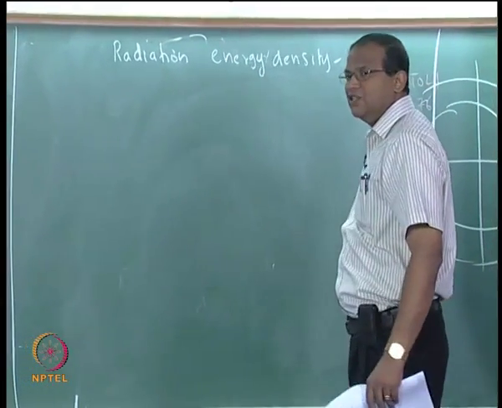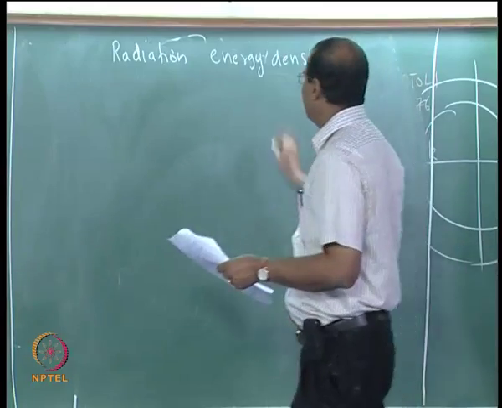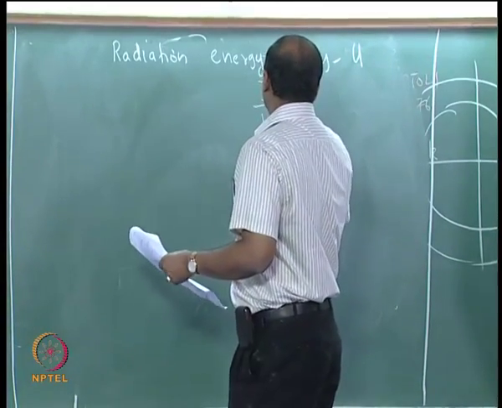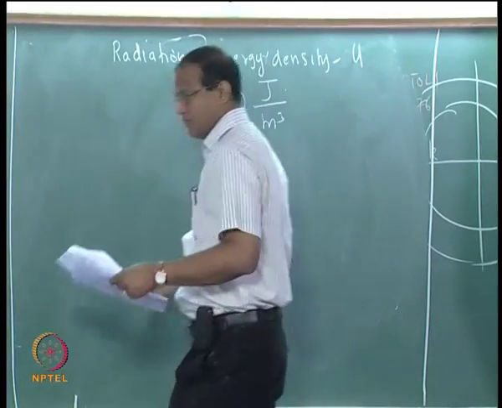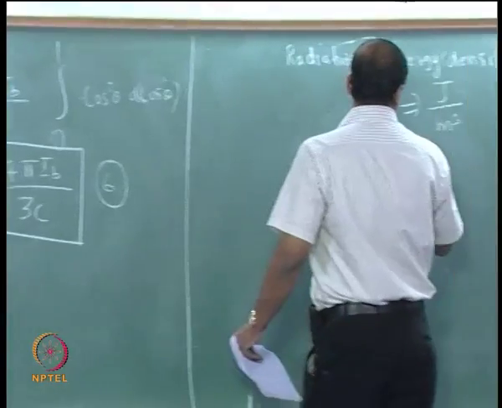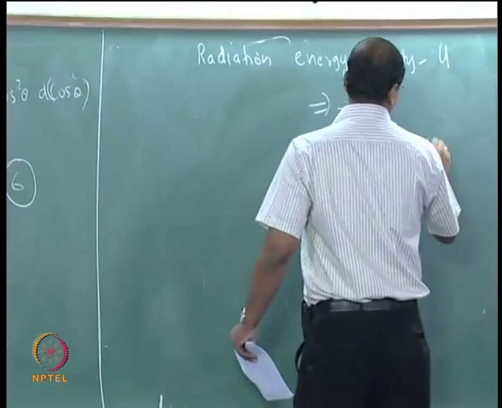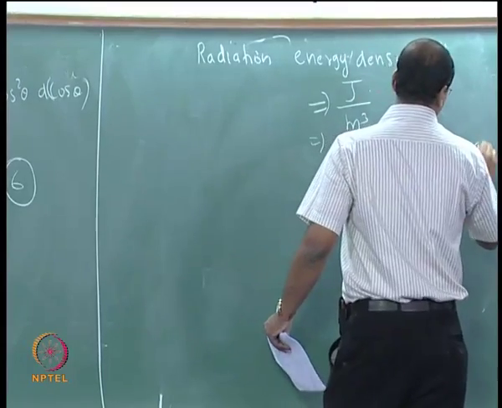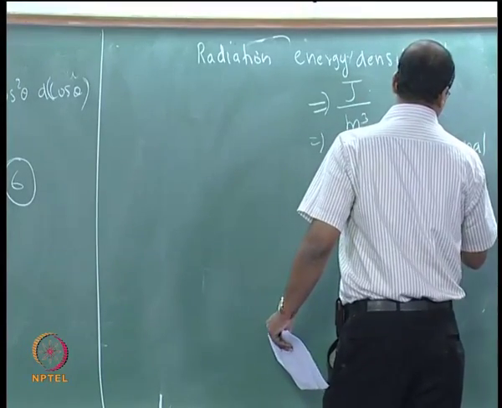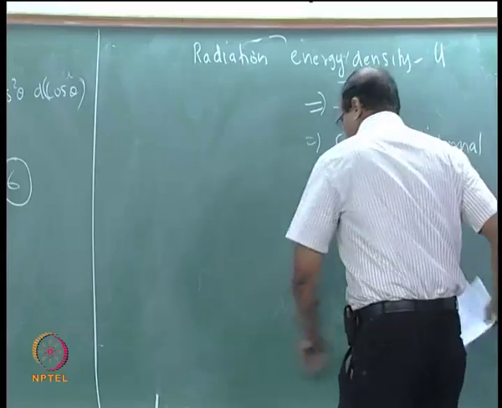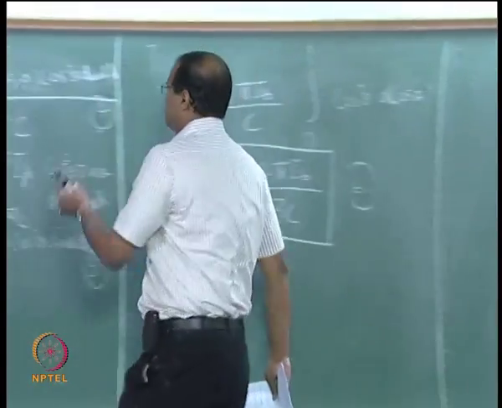Radiation energy density is U, it is like internal energy, joules per meter cube. So we need a figure for this. I will start from here.